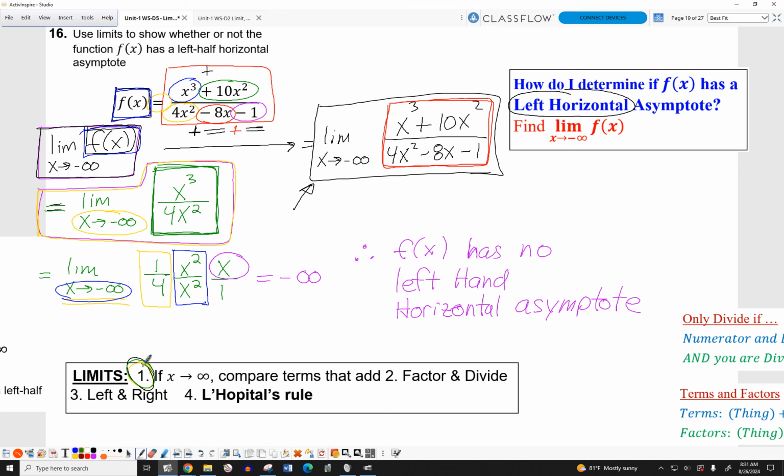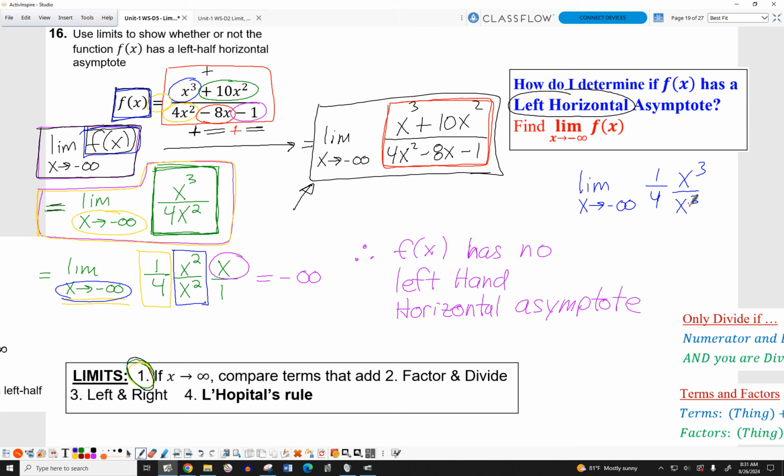What Jane is wondering is, what if we had done all this work and we'd ended up with a limit that looks like this? The limit, as x approaches negative infinity, of simply 1/4 multiplied by, say, x cubed over x cubed. Something like that.